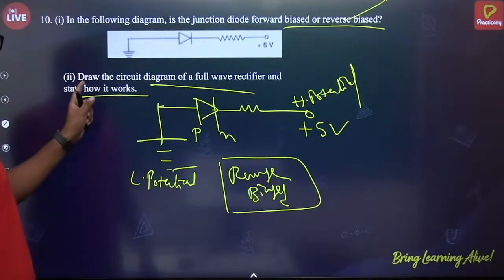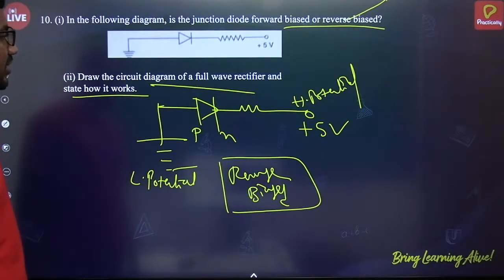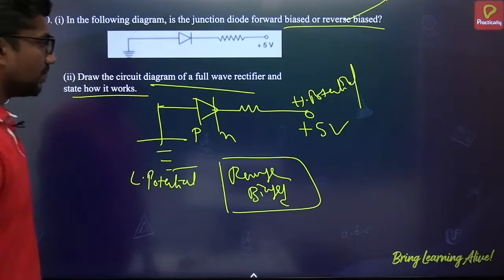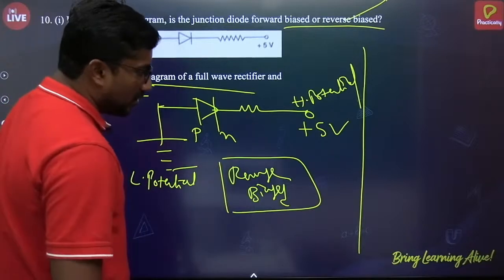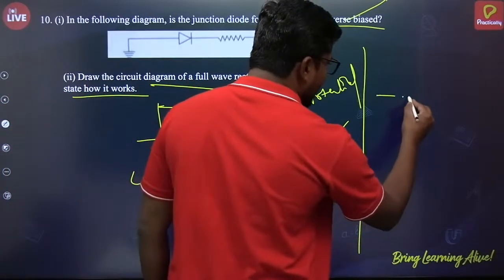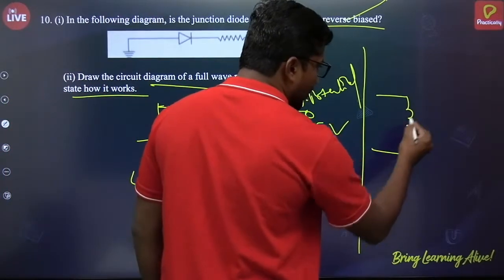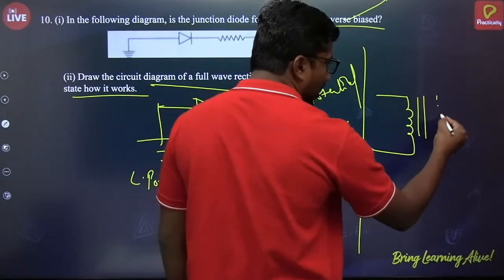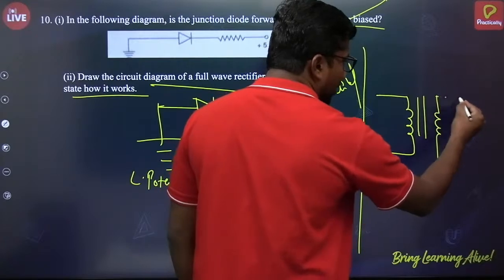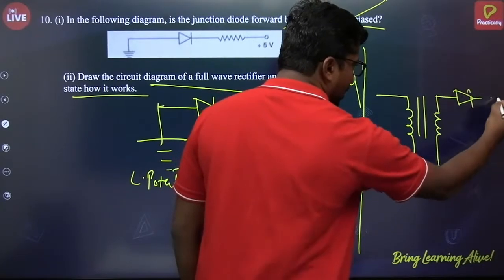Now, draw the circuit diagram of a full wave rectifier and state how it works. All right, so here I am drawing the full wave rectifier. Please see here, it consists of a transformer arrangement. We can call this the primary coil and this the secondary coil, and two diodes are there.